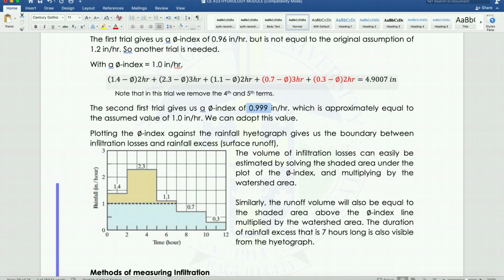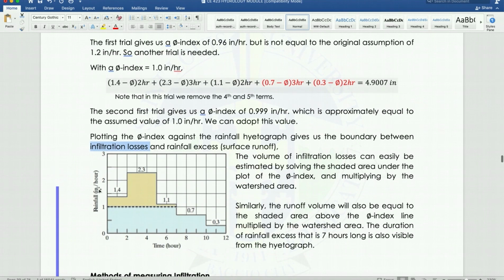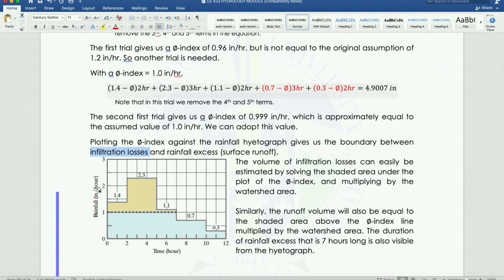While the values below, it is not excess, it is the infiltration losses. So, that's how we are going to create our hyetograph. If we want to know our infiltration losses, it is below the line, so we just get the volume. We have 1 times 7. Then here, 1 times this total area.